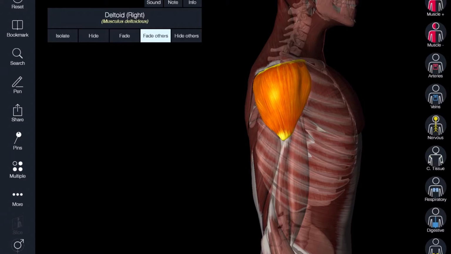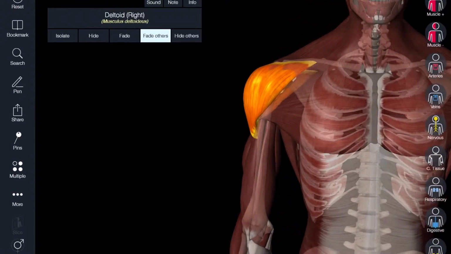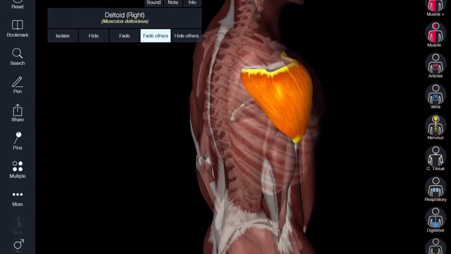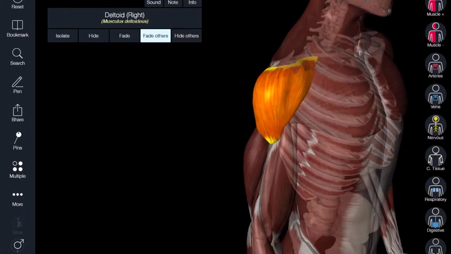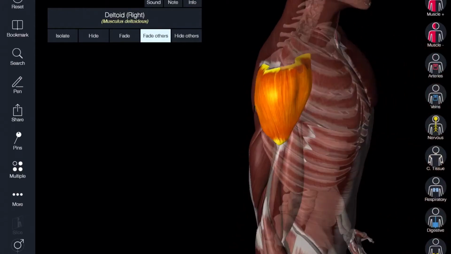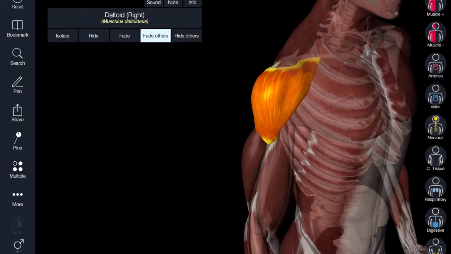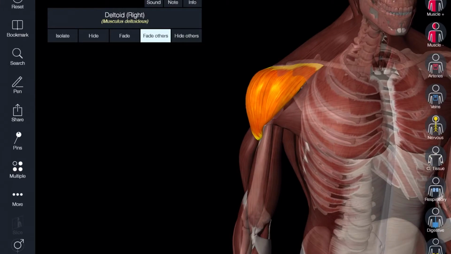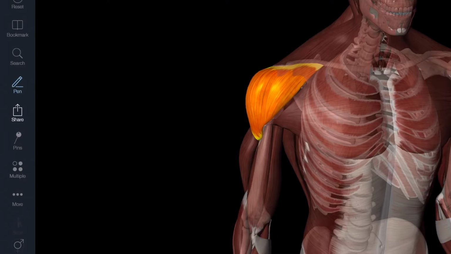And so let's look at attachments for the deltoid. The deltoid actually has three parts to the muscle. Here it more or less looks like one part, but there are three parts. The deltoid crosses the glenohumeral joint or shoulder joint, therefore it moves the shoulder joint. It has anterior fibers, in through here.